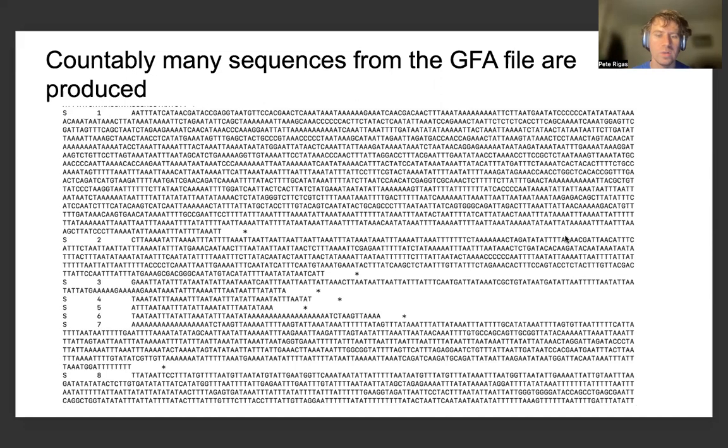So what we have to do to make the GFA file is that there have to be countably many sequences that are produced for each one of the vertices of the graph from the De Bruijn graph, which is stored in the GFA file format.